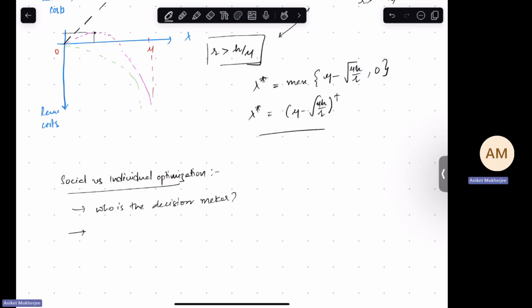The second question is, in the problem that you've seen today, the optimal arrival rate, we have assumed that the decision maker, even if he is the one who runs the queue, can freely choose an arrival rate lambda in the interval between 0 and mu, right? How could he implement something like that?